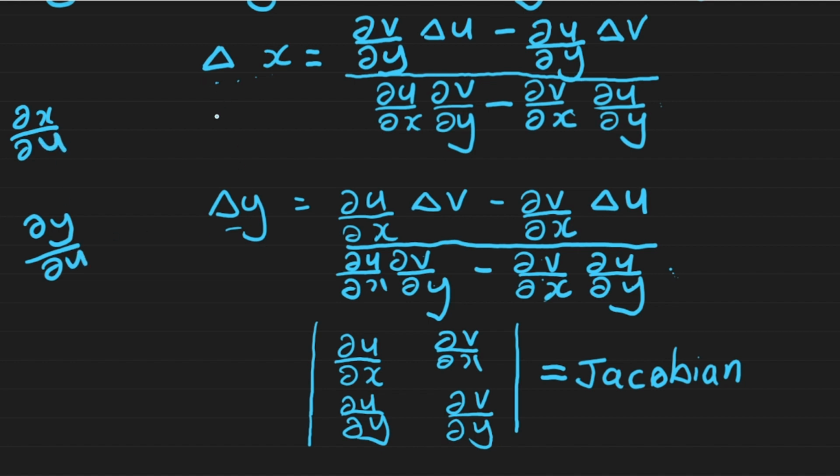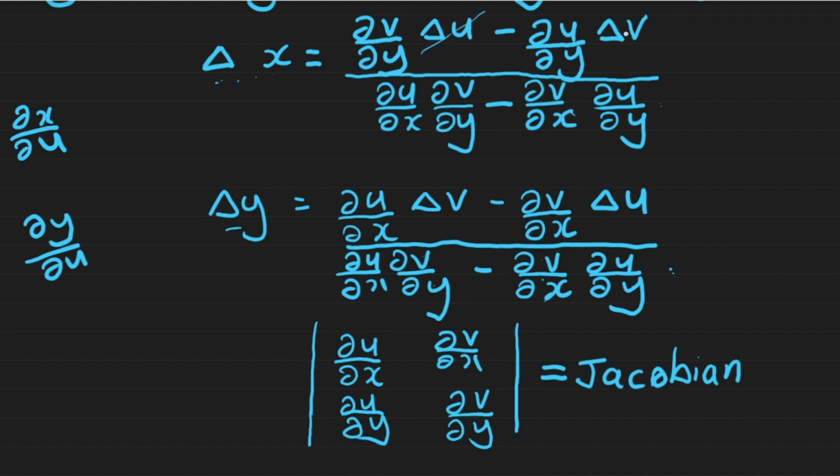So what do we need to do? Well, we take this delta x and divide it by delta u. That's all we're going to do. Dividing the terms in the numerator by delta u, delta u divided by delta u doesn't cancel off, it becomes 1.